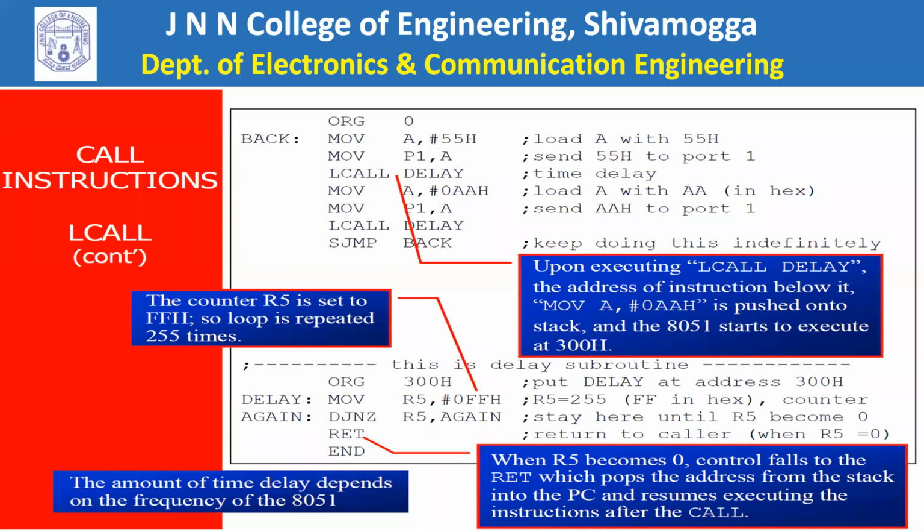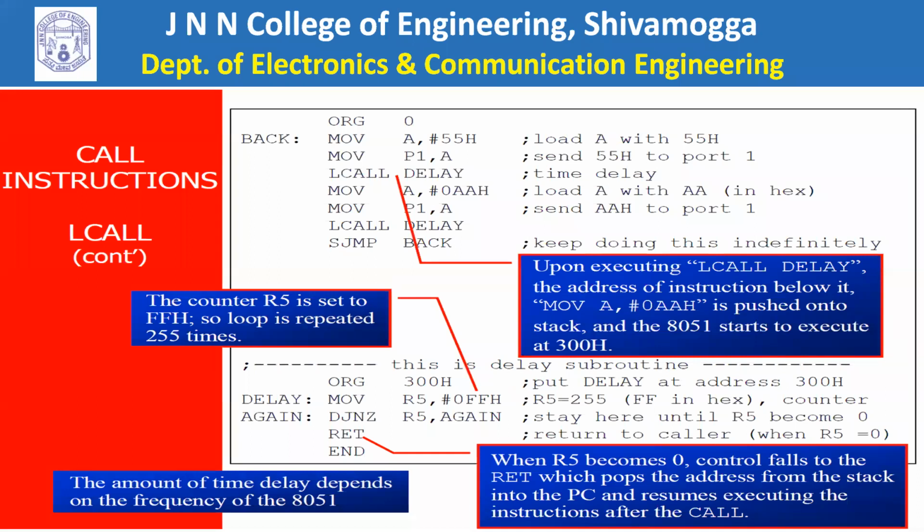When R5 becomes 0, the control falls to the RET instruction, which pops the address from the stack into the program counter and resumes executing the instruction after the call instruction. So this is a scenario of call and return instruction. The address below the call instruction is pushed into the stack.